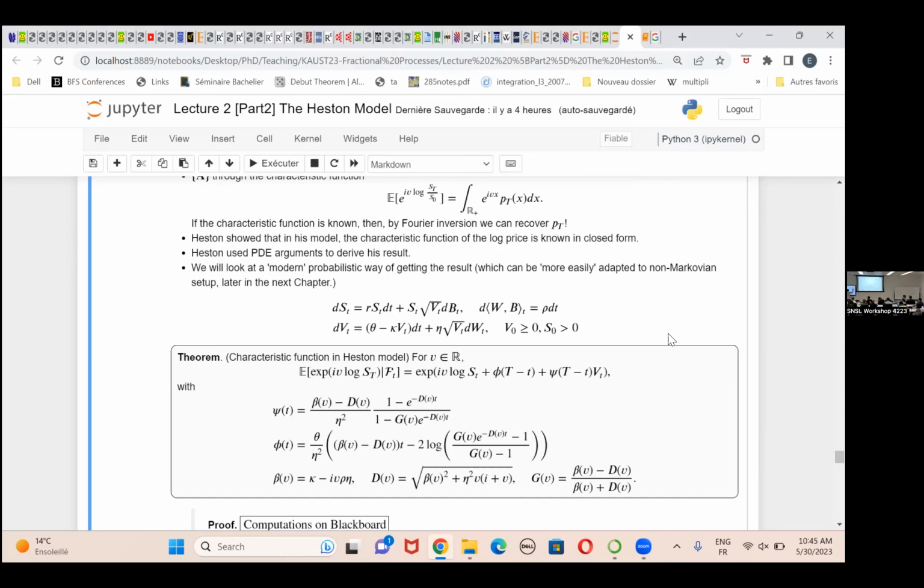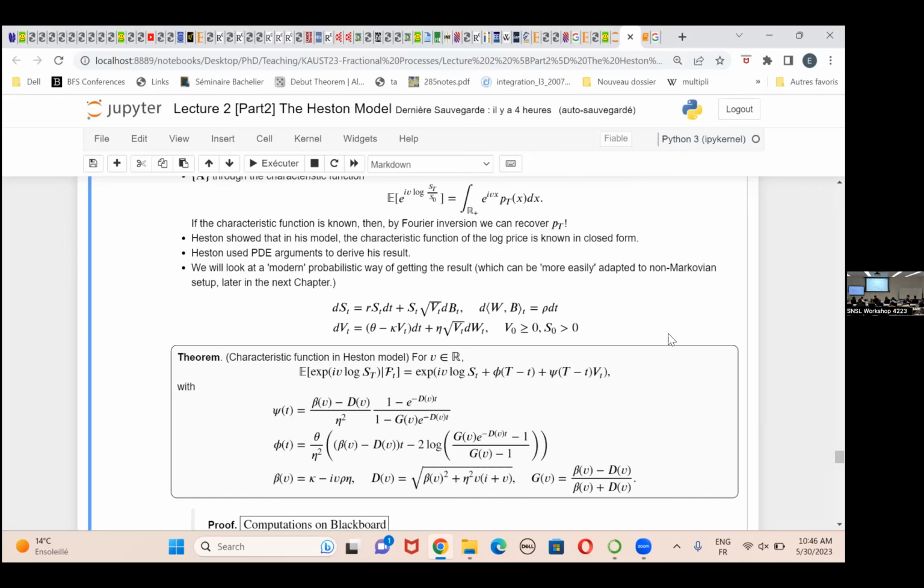So you can bound it by 1, the exponential of something negative. And phi is continuous on 0 to capital T, so it's bounded. So all of this is bounded uniformly in t. And this is how you prove that the local martingale is a true martingale. And so this is how you can prove the characteristic function here using just probabilistic arguments. Okay, no PDE.